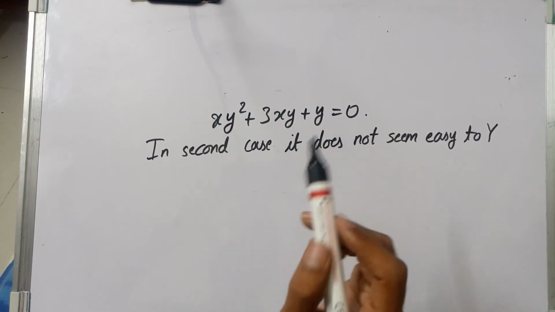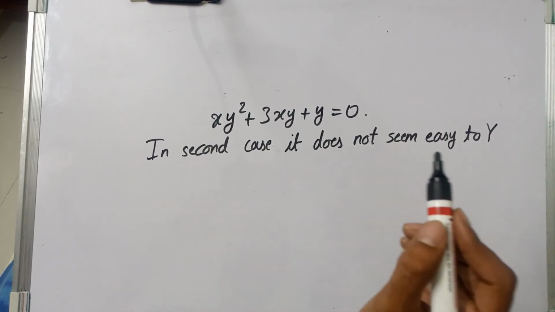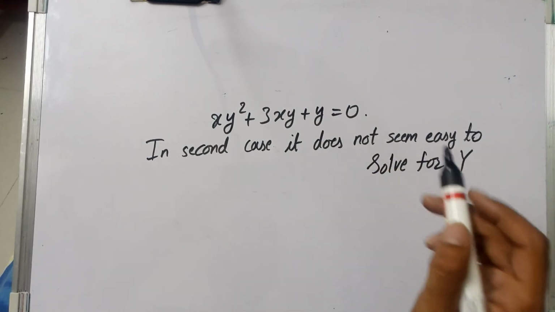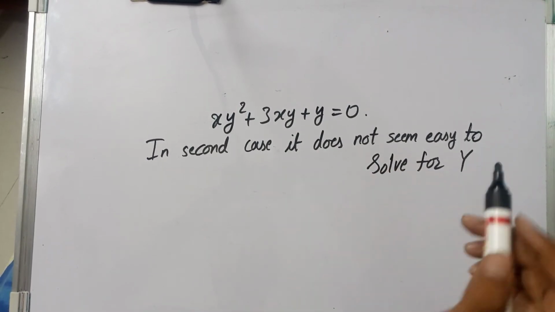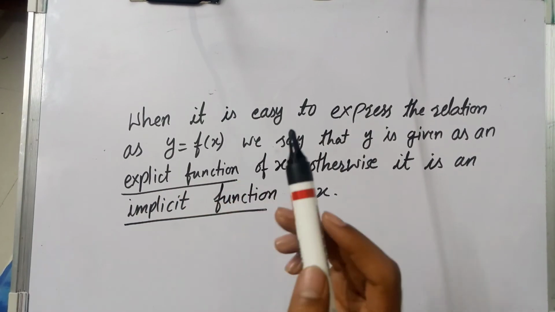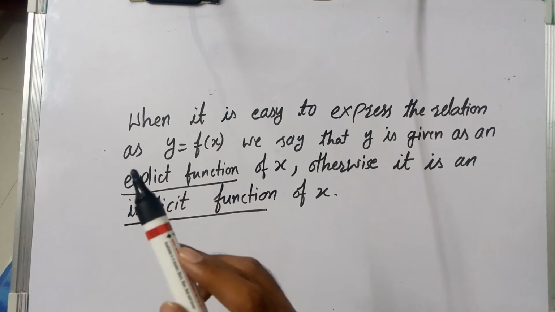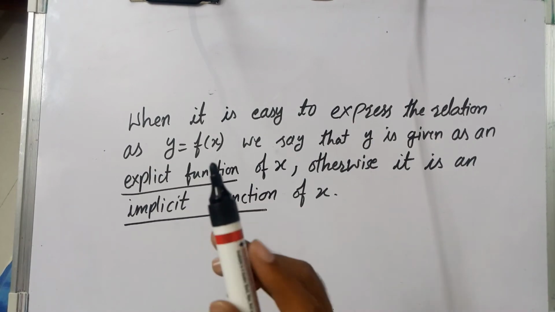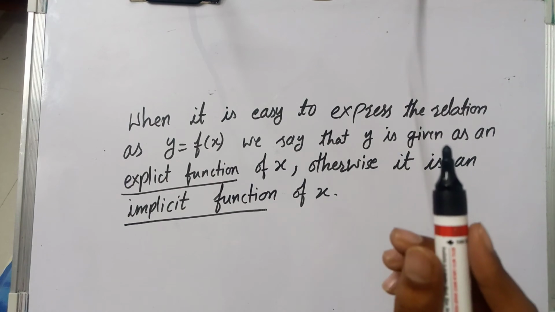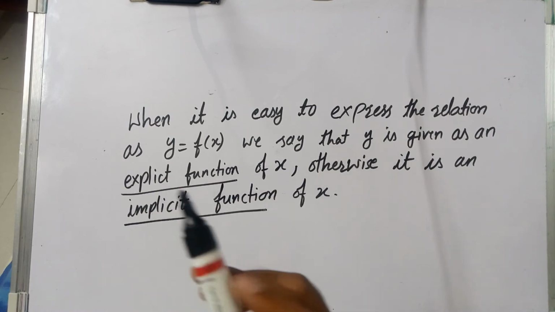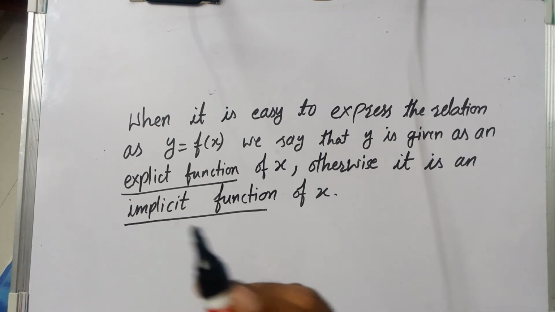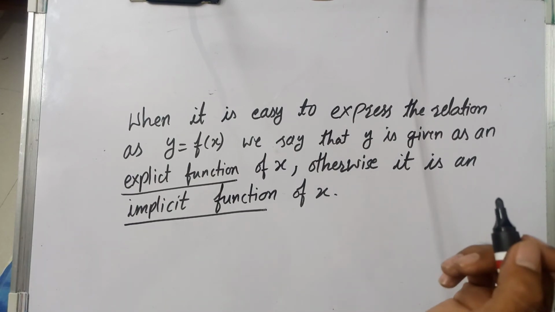In second case, it does not seem easy to solve for y. Note, when it is easy to express the relation as y is equal to f(x), we say that y is given as an explicit function of x, otherwise it is an implicit function of x.